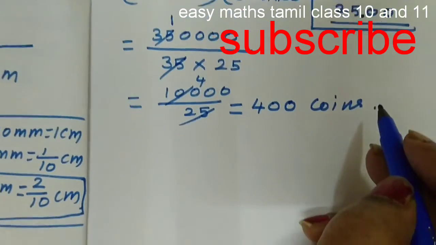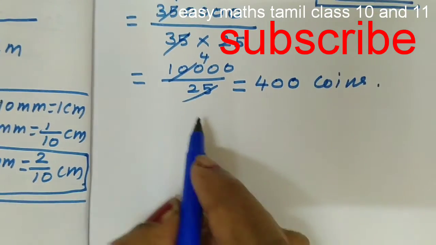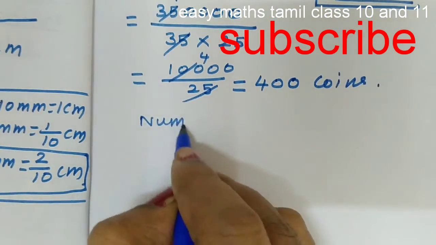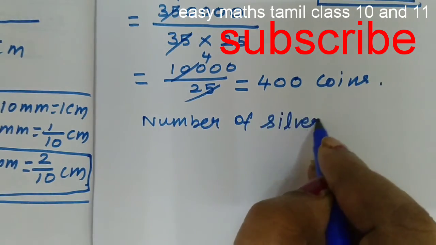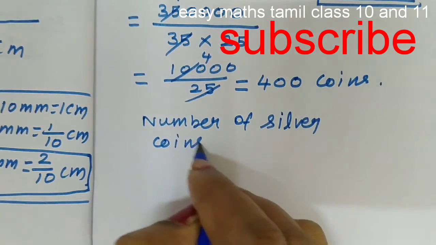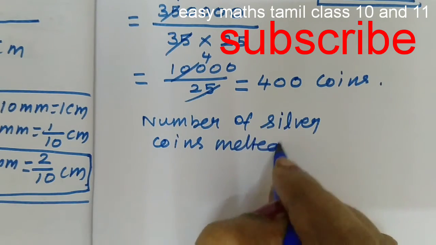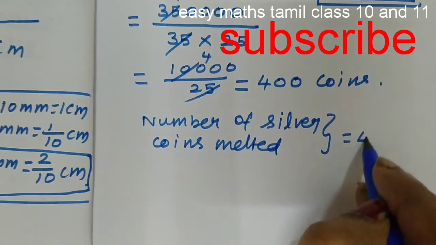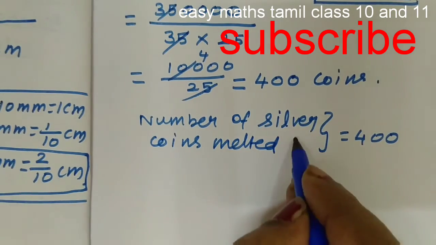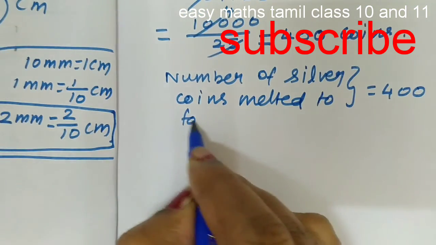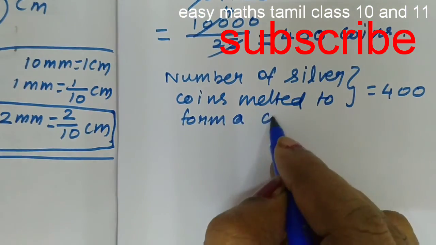So the number of silver coins melted to form a cuboid equal to 400. So the number of silver coins melted to form a cuboid equal to 400 coins. 400 coins melted to form a cuboid.